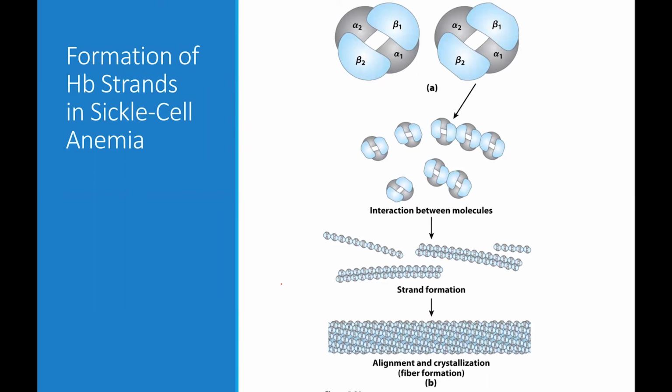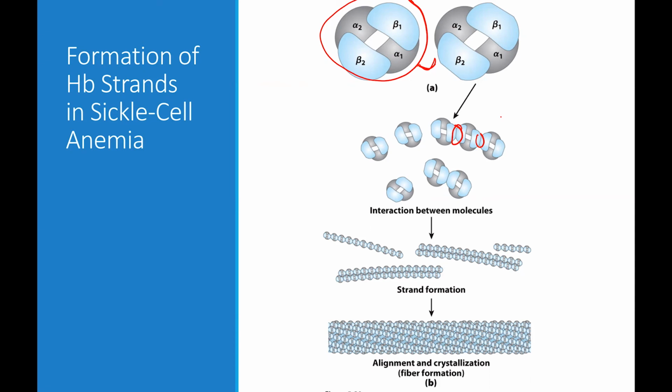How does sickle cell anemia actually occur? So, as I just said, the mutation actually allows for two separate whole hemoglobin complexes to then interact together. And you can see they start to bind through their beta chains. That's where the mutation occurs, in the beta subunit.